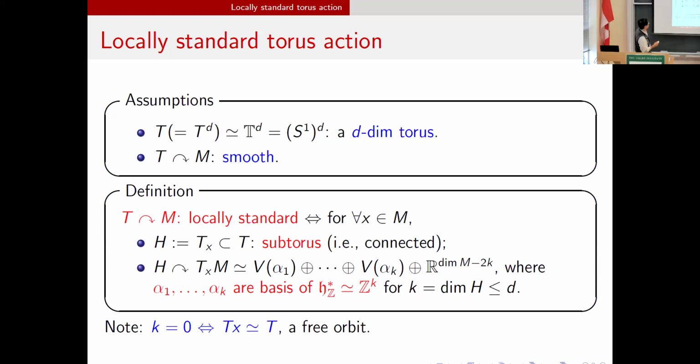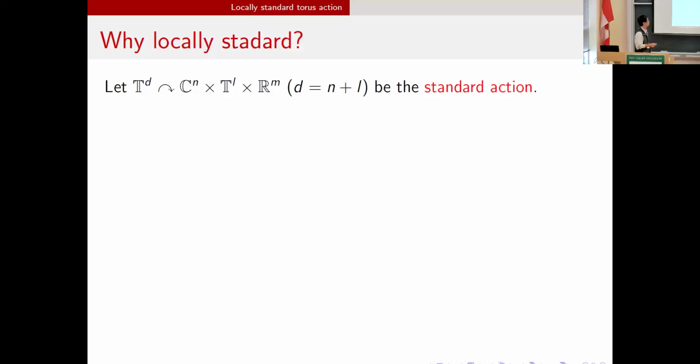This is not the familiar definition, but it is equivalent to the familiar definition of the locally standard torus action. Why do we call it locally standard? The torus T^D acts on the standard model C^n times T^l times R^m, which is called a standard action.